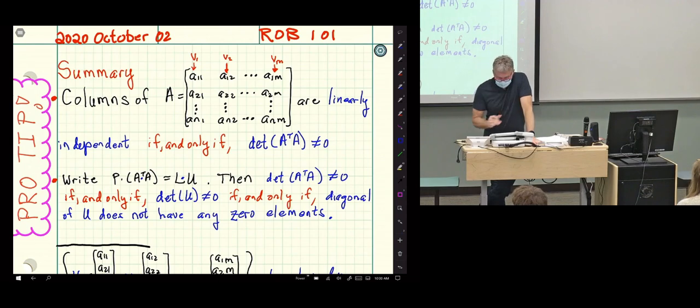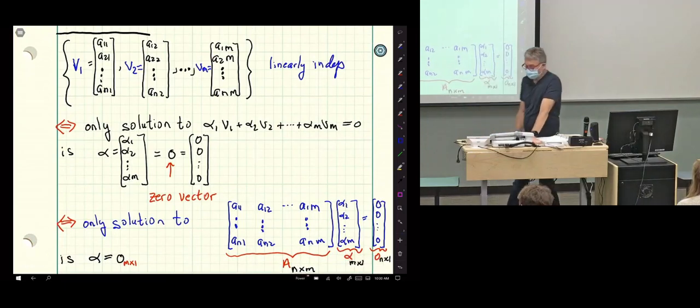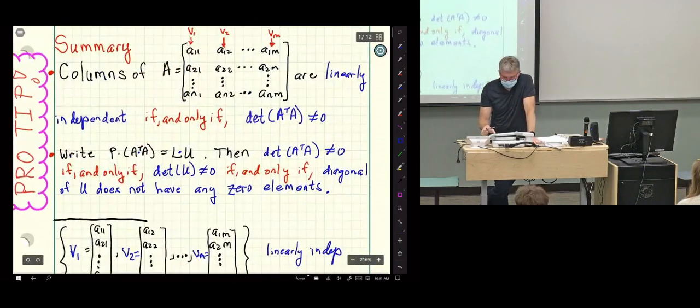We introduced the notion that a set of vectors is linearly independent if and only if the only way you can add them up and get the zero vector is if you use coefficients that are all zero. So you can see that uniqueness is kind of baked in here. The only way to get this trivial solution is if all the coefficients are zero. And so that's the notion of linear independence.